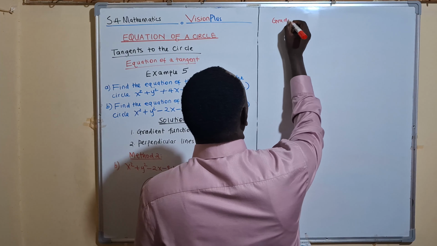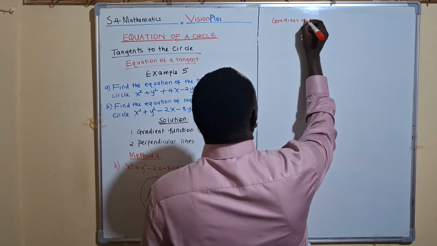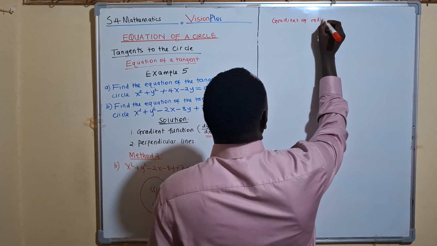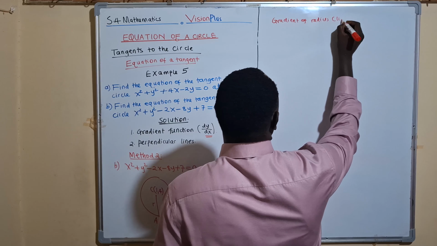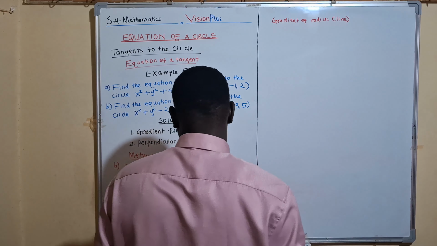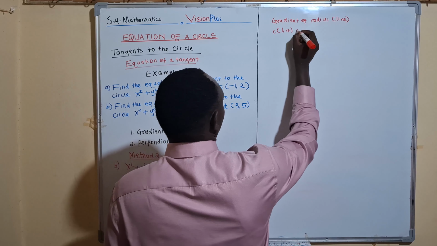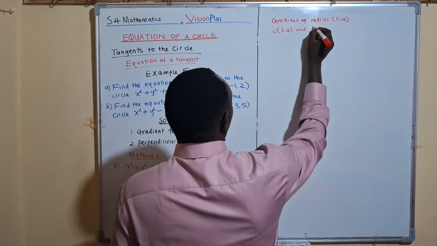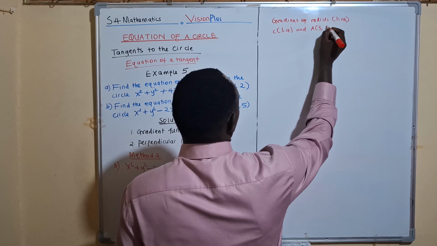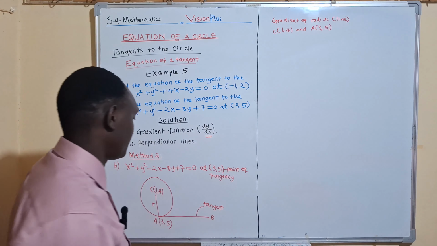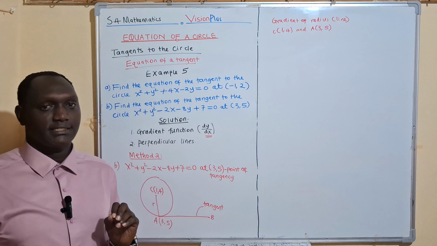So we say gradient of the radius. We do know that the radius is a line, so we shall use the 2 points, that is the center and the point of tangency on the circumference, (3, 5), because the radius is a line.